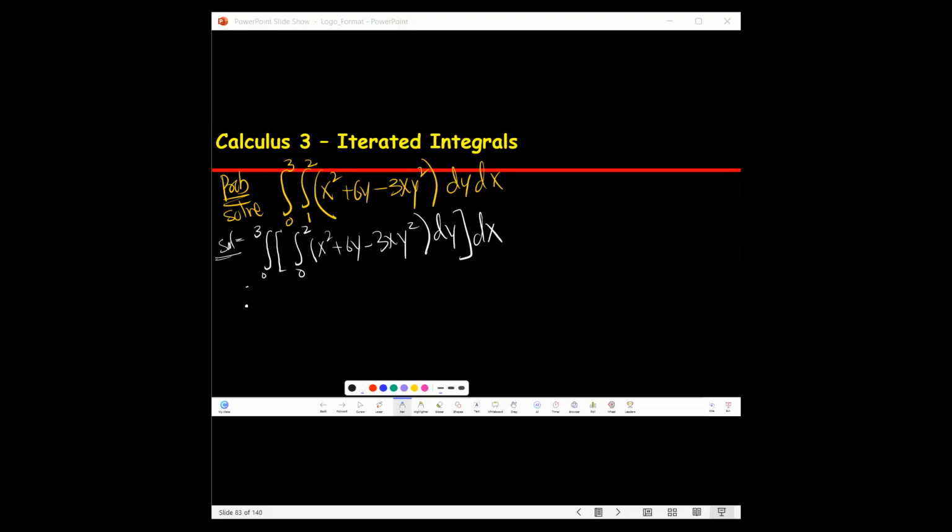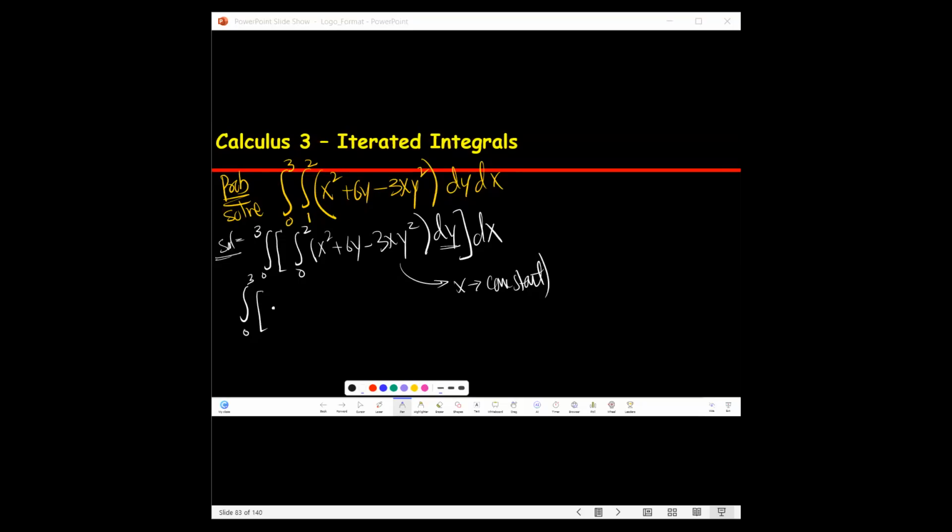Okay, let's take the integral. So 0 to 3. I'm going to write the parentheses again. After taking the integral with respect to dy, inside, x is considered a constant, right? Because I'm taking the integral with respect to y, so x is considered a constant.